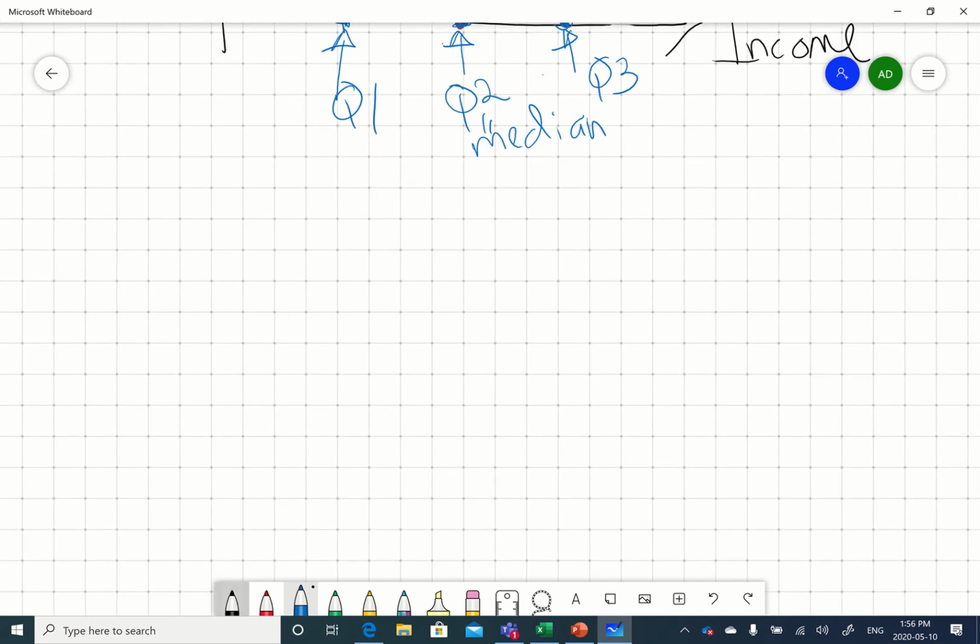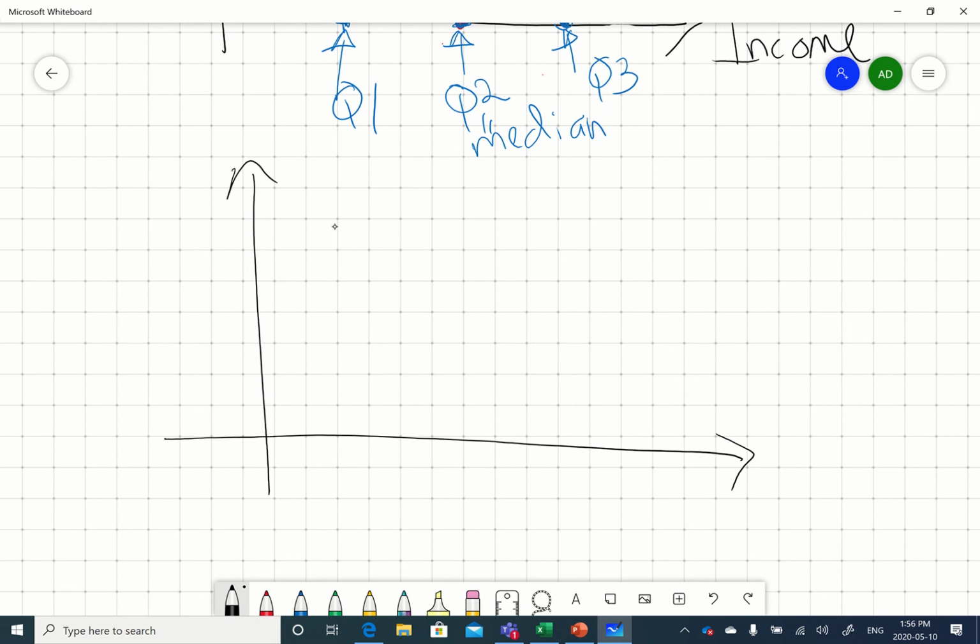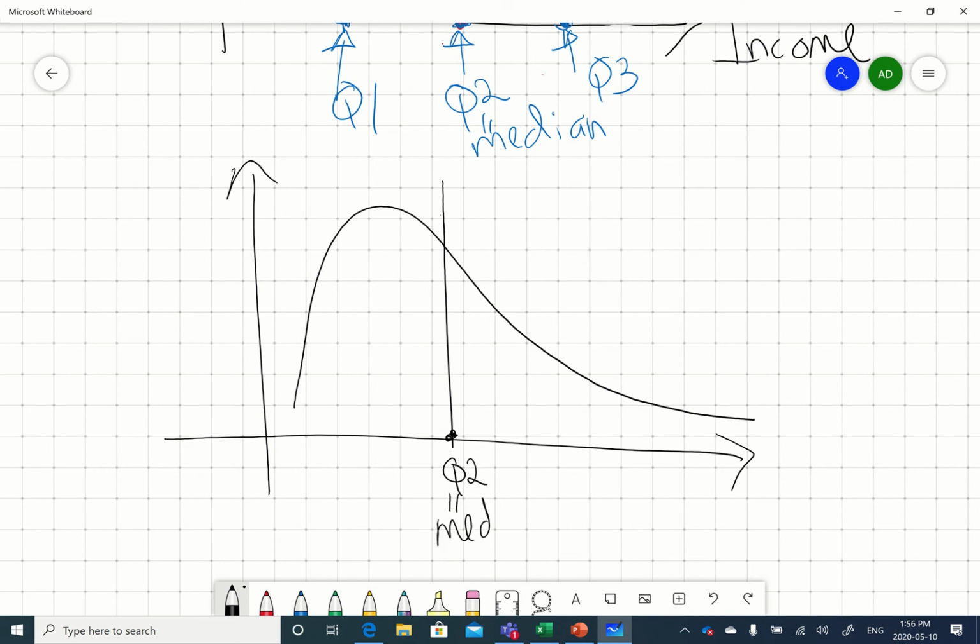If you have a different frequency polygon, a skewed shape like this, the median can be somewhere here, the midpoint 50-50, that means this is Q2, the median, and then this is Q1 and Q3.